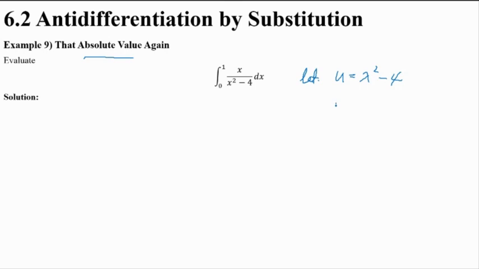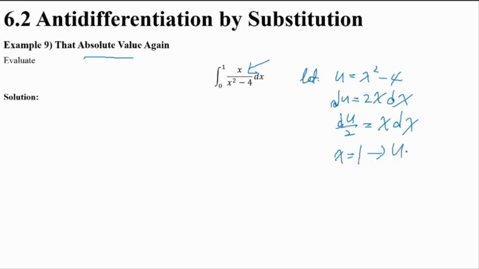Okay, when we take the derivative, du is 2x dx. When you see the numerator only has x, so we don't need the 2. So du over 2 is x dx. Okay, I told you it's not finished yet, right? So when x is 1, how much is the u value?